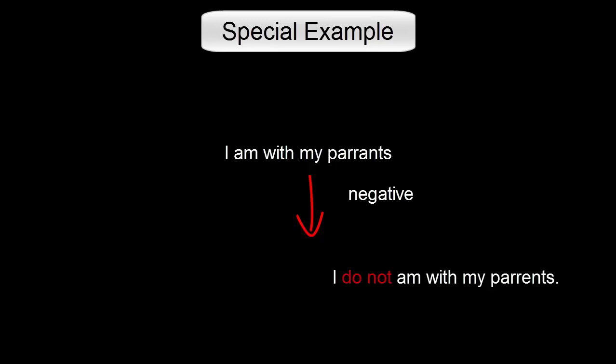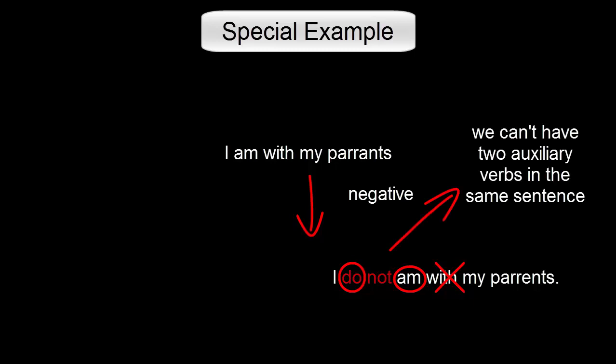Now we go to the special example. Let us say, I am with my parents. The negative form is, I do not am with my parents. That's incorrect because we have the auxiliary verb do and the auxiliary verb am, which is the verb to be, and we cannot have two auxiliary verbs in the same sentence.